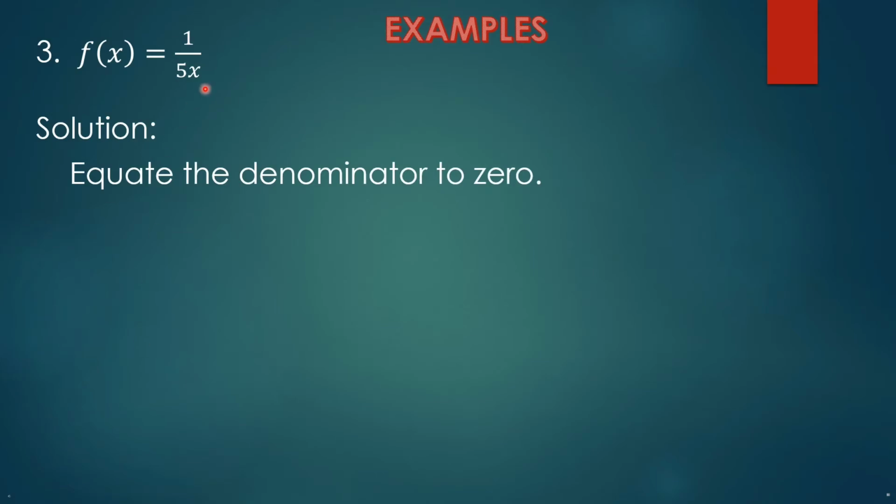Note that 5 and x in the left side are connected by the multiplication operation. To eliminate 5 in the left side, we have to use the opposite operation of multiplication, which is division. So let us divide both sides with 5. We have 5x over 5 equals 0 over 5. 5 divided by 5 is 1. 1x can also be written by only x.